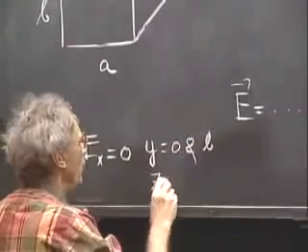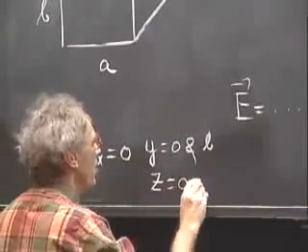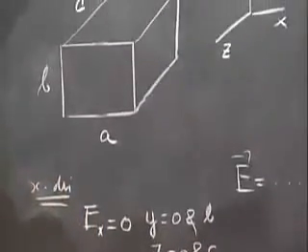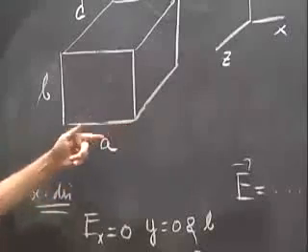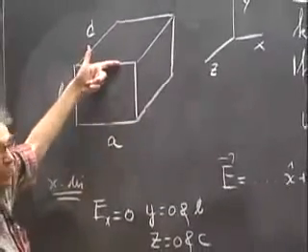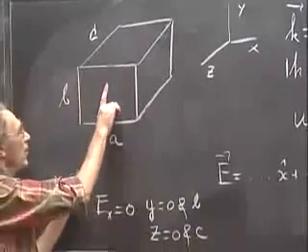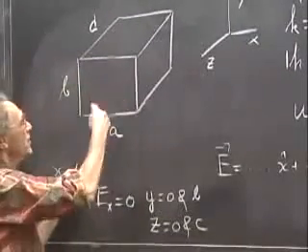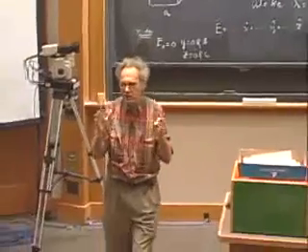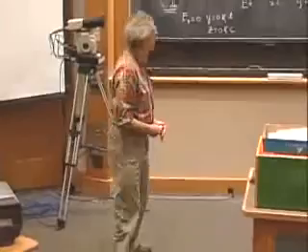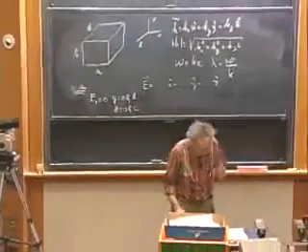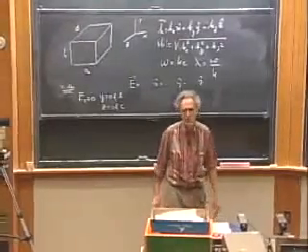But it must also be 0 when z is 0 and when z is c. Because if the E vector is like this, it must be 0 not only on the bottom plate and on the top plate, but it must also be 0 in the front plate, which is this plate, and in the back plate, because it cannot have any E vector in that surface either. So the Ex alone must meet now 4 special boundary conditions.